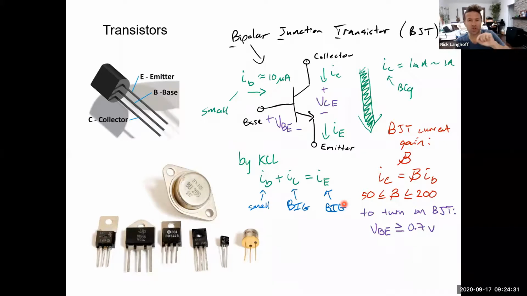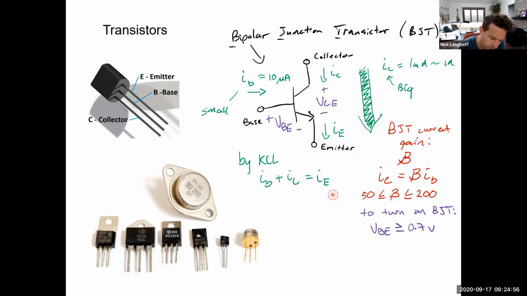It's just slightly bigger than the collector current because it's the collector current plus this small little extra bit of base current. If the base current is 10 microamps and the collector current is 1 milliamp, then that's not very much of a change, right? So 10 microamps plus 1 milliamp would equal 1.01 milliamps.